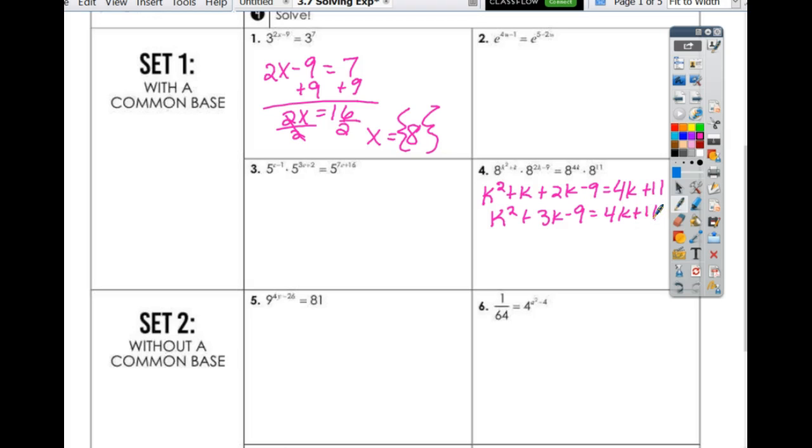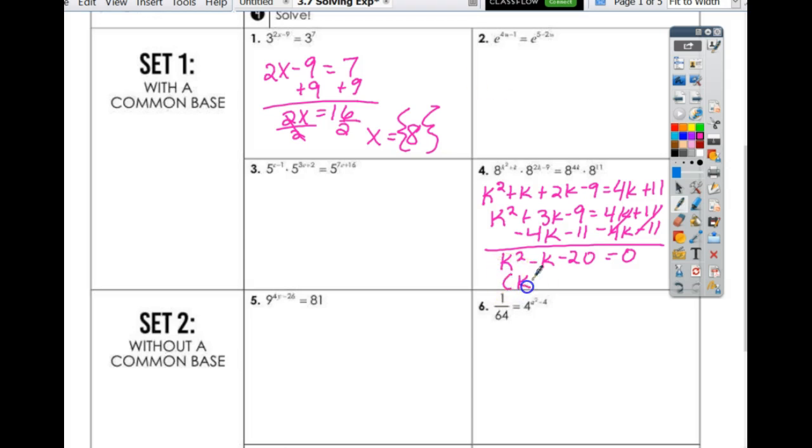So because there's a k squared, I have to move everything over to the side with the k squared. So I'm going to subtract the 4k, and I'm going to subtract the 11. So I get k squared minus k minus 20 equals 0.